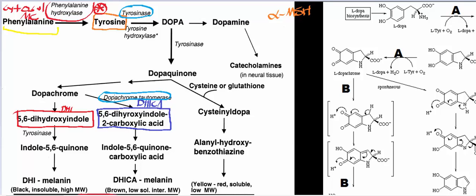Now, what I'm going to do in these pictures is show you what I feel are the most important things to know. Okay? And in other videos, we'll go into the mechanisms of these enzymes, although that's not directly required for my anatomy and physiology course. What I want you to know is that there's an enzyme located in the membrane of the melanosome.